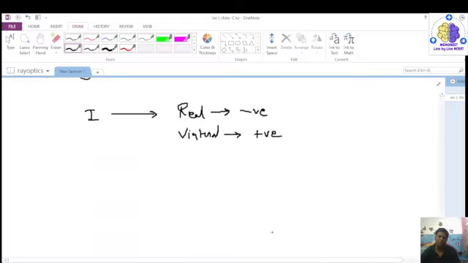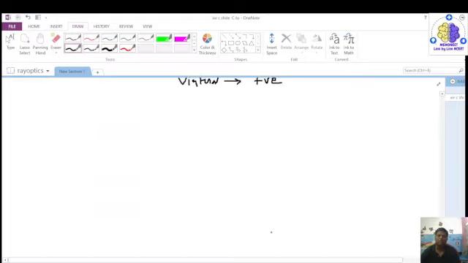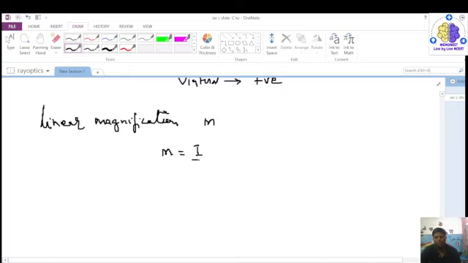Next comes your linear magnification. Linear magnification is denoted by small m, and it is basically the ratio of the image height to the object height.